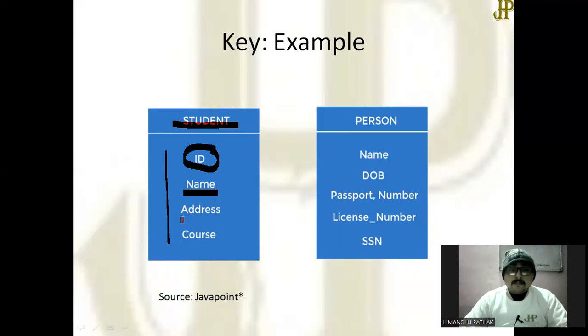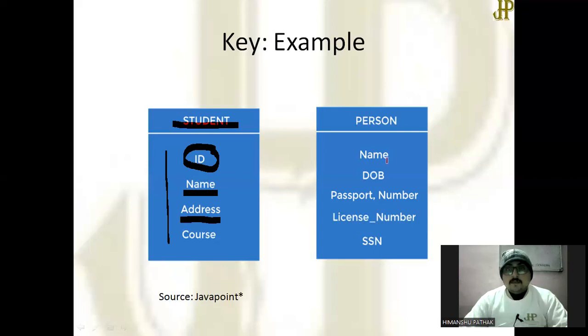Address can also be the same in an exceptional way, like two brothers or sisters studying in the same class.